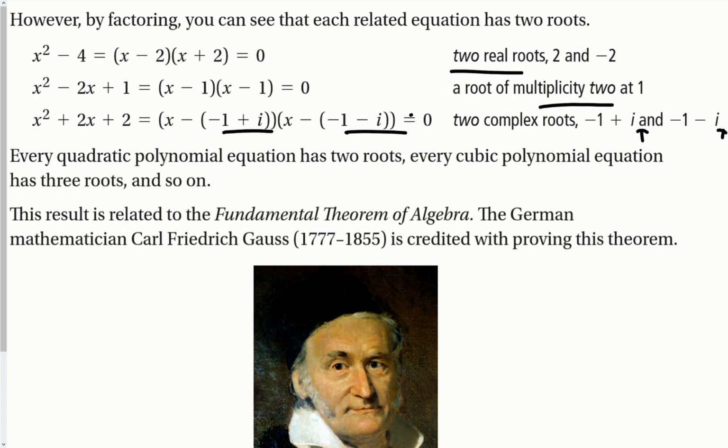So every quadratic polynomial has 2 roots, every cubic polynomial 3 roots, and so on and so on. And this is related to the fundamental theorem of algebra. The German mathematician Carl Friedrich Gauss is credited with proving this theorem.